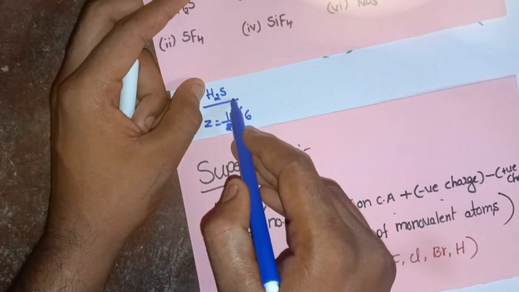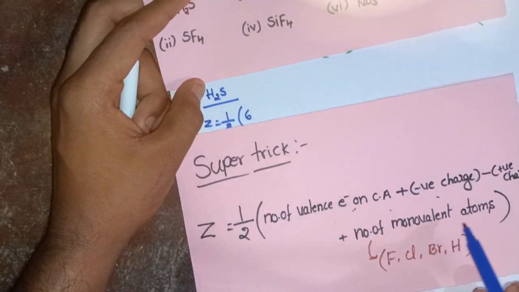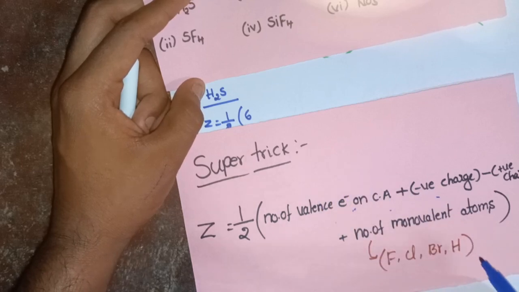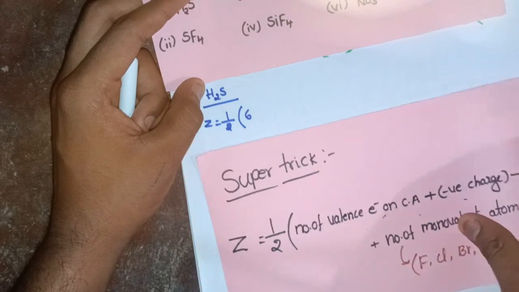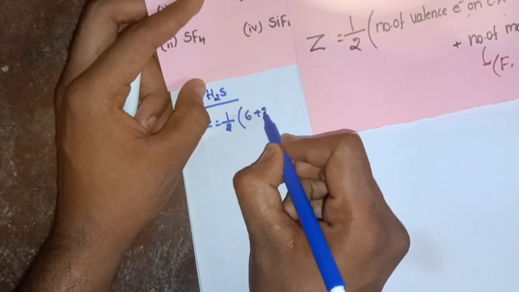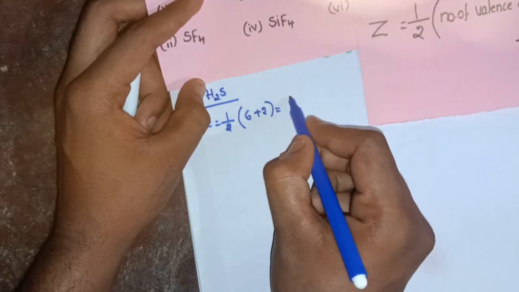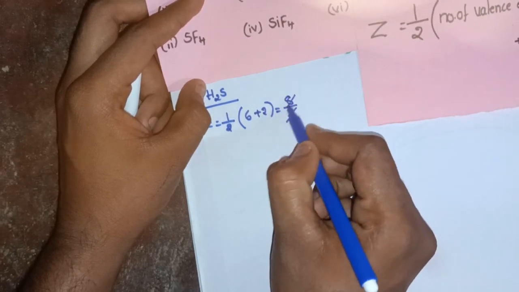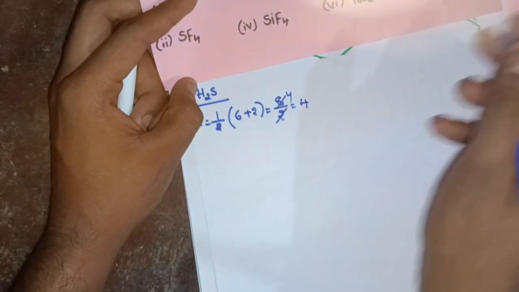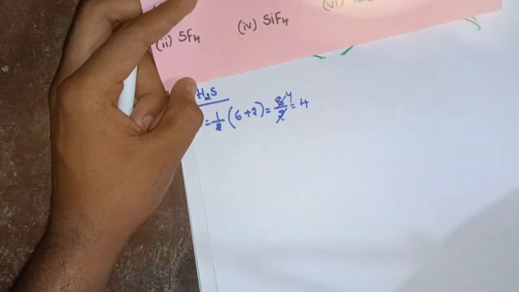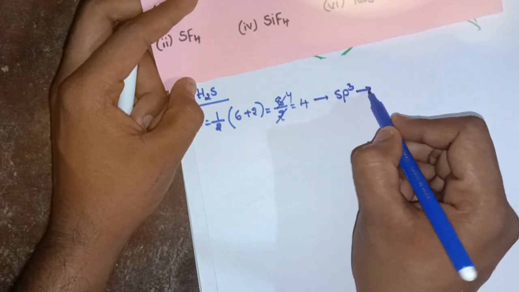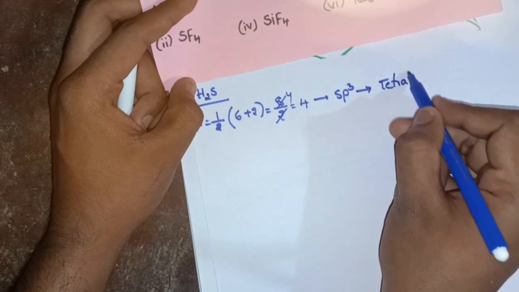Here there is no positive charge in the molecule. Plus the number of monovalent atoms. Monovalent atoms, what are they? Fluorine, chlorine, bromine, hydrogen. Here we have hydrogen, so we have to add the hydrogen atoms. So plus 2. That is 8 by 2, 2 fours are 4. So the hybridization will be sp3. Then the geometry is tetrahedral.